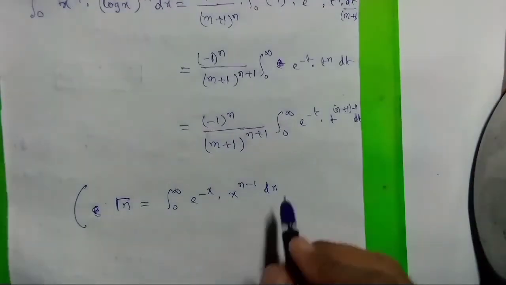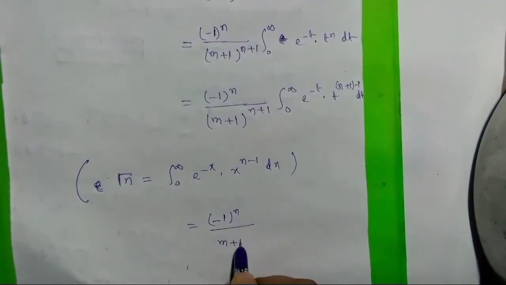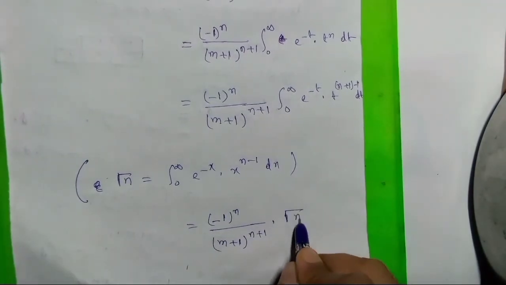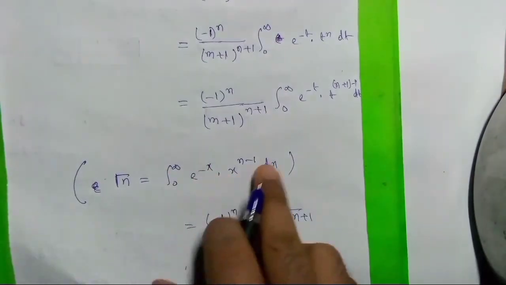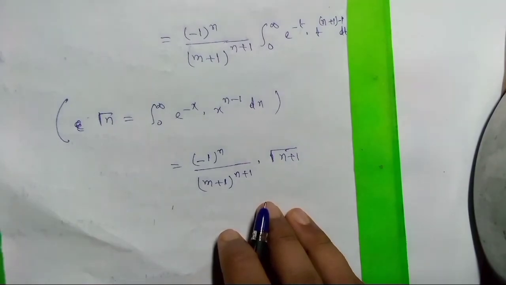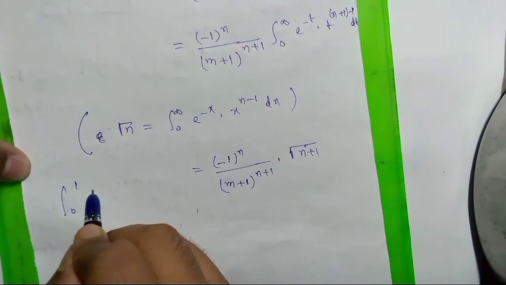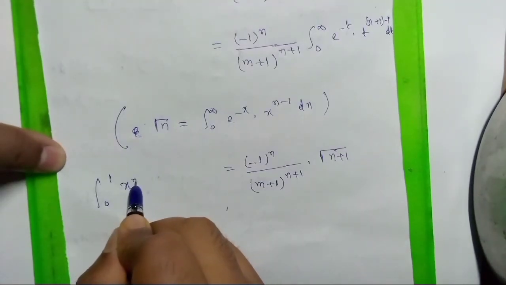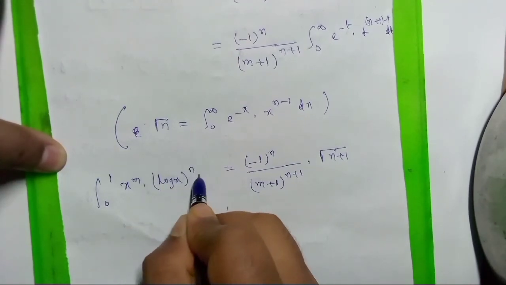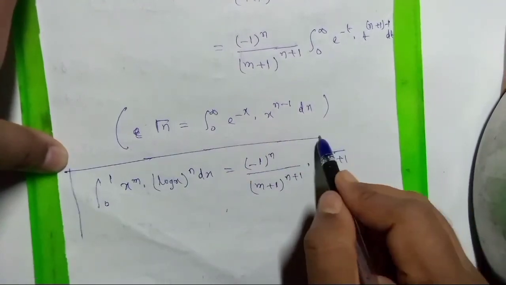So this becomes (minus 1) to the power n over (m plus 1) to the power n plus 1 into gamma of (n plus 1). We apply this definition, and we get the integral from 0 to 1 of x to the power m (log x) to the power n dx. So this property is proved.